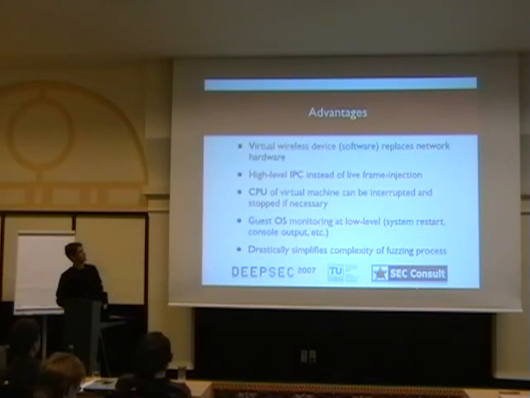The third thing we have on there is a virtual CPU. There's nothing better than that. We can hold the execution of this virtual CPU at any time that we want. So when we inject the packet, if we see that our virtual environment wants to send out a wireless packet, we simply stop execution of the virtual machine.